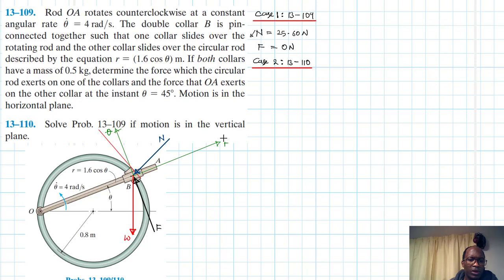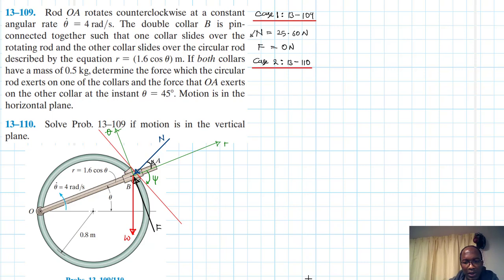So with this information, you can begin to write down the components. Before we do so, you also need to show the angle between r and this tangent line. Remember that? This angle here we are calling psi, and this one is negative, it's clockwise. So then we'll have this one here as our alpha.